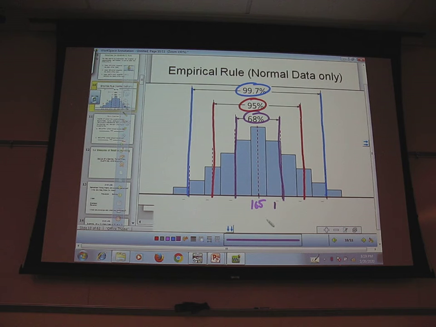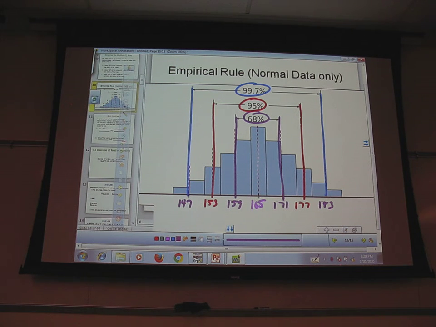It has a mean of 165, standard deviation of 6. So if you draw the pictures in, it should be like that. If you go out a little bit further, it should be like this. So between 159 and 171, that's how many standard deviations? 1, so 68%.